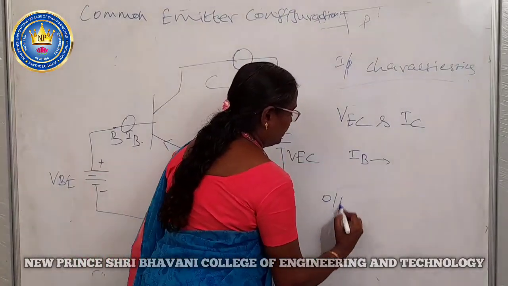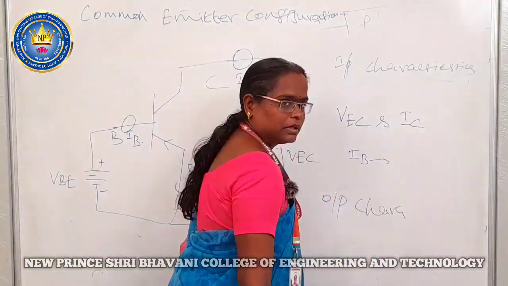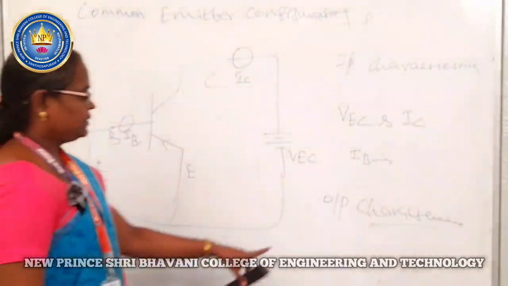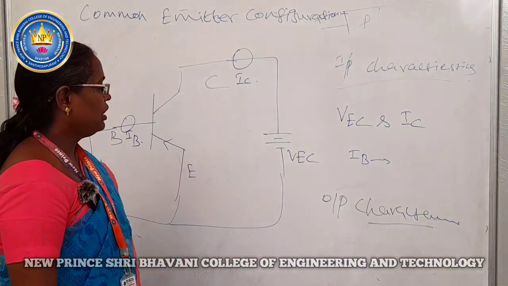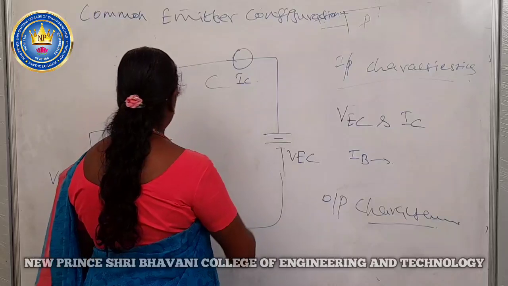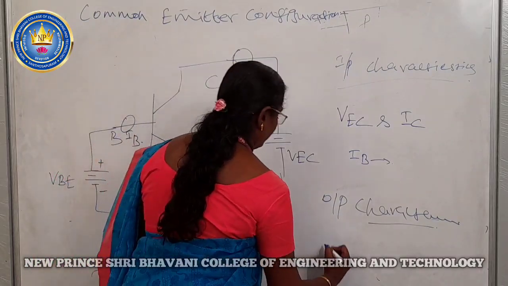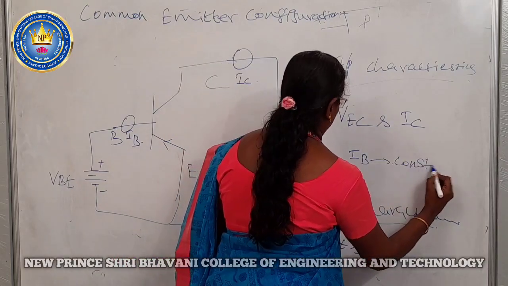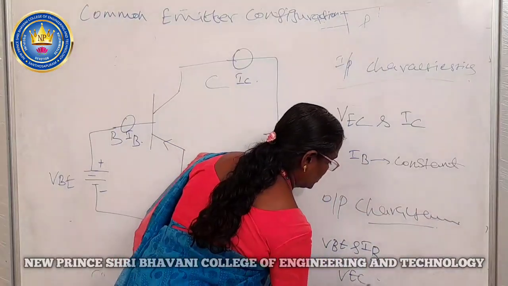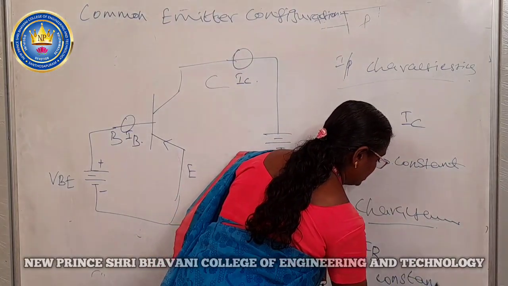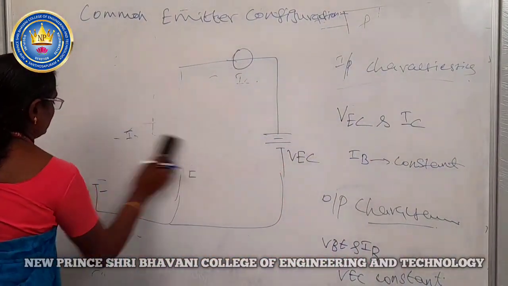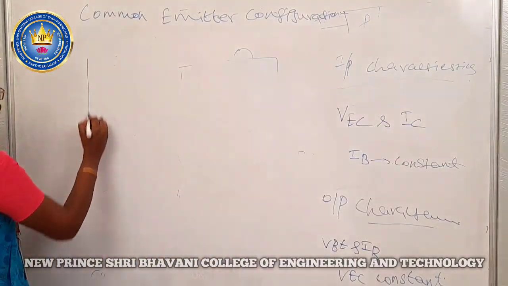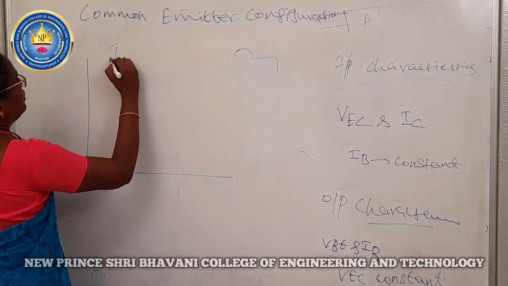Next, for the output characteristics, you plot the graph between VBE and IB, with VEC kept constant. Then we have to draw the graphs for input characteristics and output characteristics. First I am going to draw the graph for input characteristics.